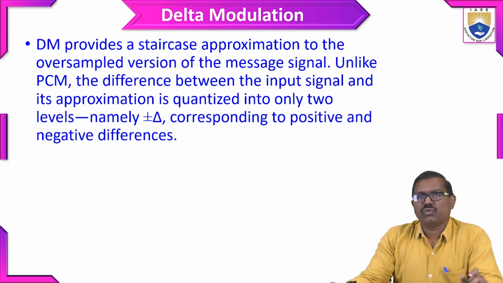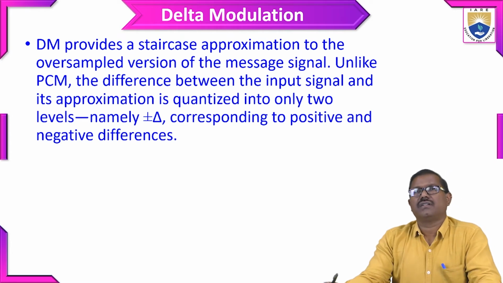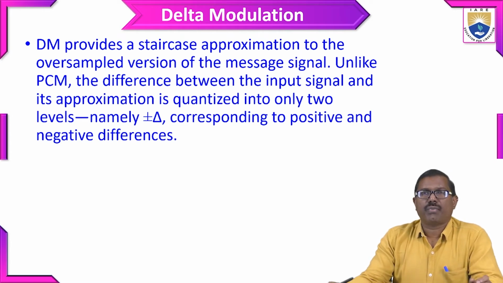Okay, so the difference. In PCM, the difference between the input signal and its approximation is quantized into only two levels, that is plus or minus delta. Here plus delta is a positive increment and minus delta is a decrement of the step size. Why?